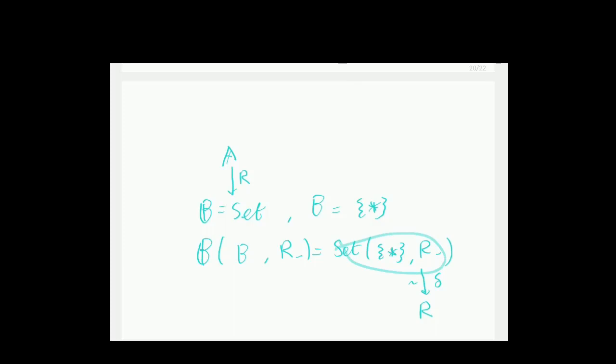So what we have here is this hom functor from the singleton set to R comma blank. A way that we can think of this is, what happens if we pick an object Q here? Then we're interested in the set of functions from this singleton set to R of Q. That's going to be isomorphic to the set that we get when we operate the functor R on Q itself. It's just the set of elements of R of Q, basically.